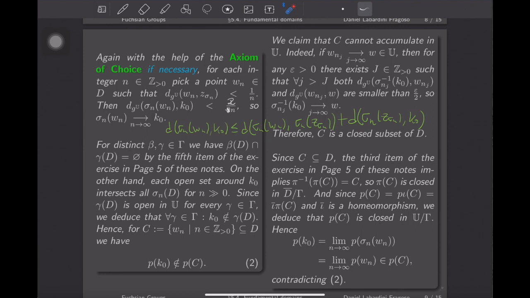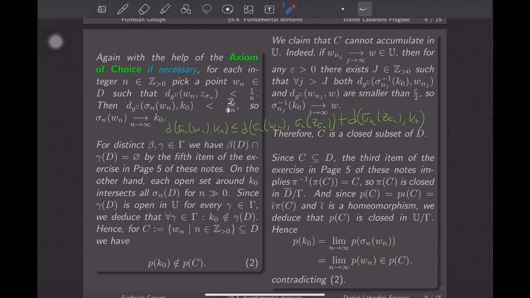right? And now notice I have this. K naught is the limit of this sequence. P is continuous. So I have this is the limit of the P's of those. But P of sigma n of Wn is P of Wn, because sigma n is in the same orbit as Wn.